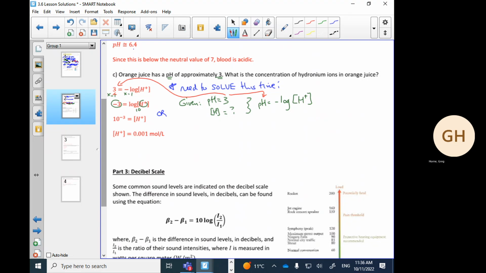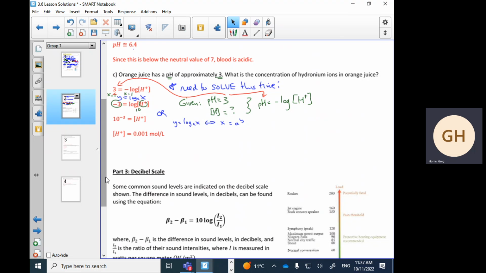Or you could recognize that this thing is y equals log base a of x, and so we can convert that to the exponential form, which is x equals a to the y. So if you're looking at what's what here, the y value is -3.